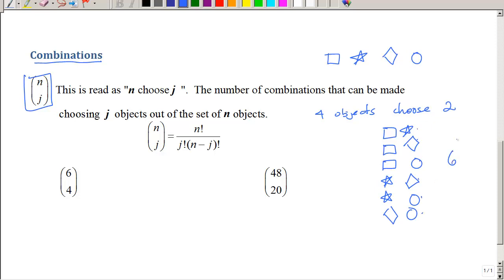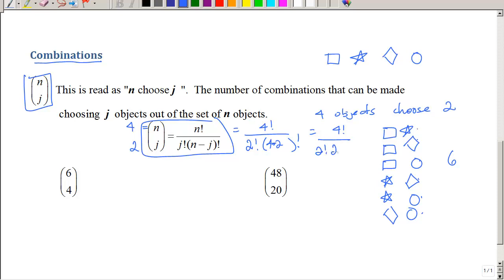Well, let's see. So how would I do that? 4 objects, choose 2. If I use this formula, n is 4, j is 2. So we would have 4 factorial divided by 2 factorial, and then 4 minus 2 factorial. Let's just do that math. That's 4 factorial, 2 factorial, 2 factorial. Can I multiply those together and say that's 4 factorial?